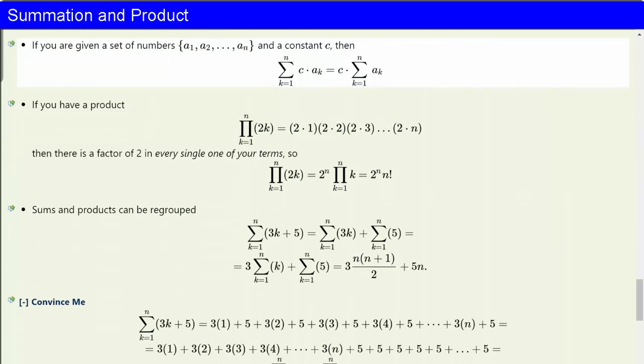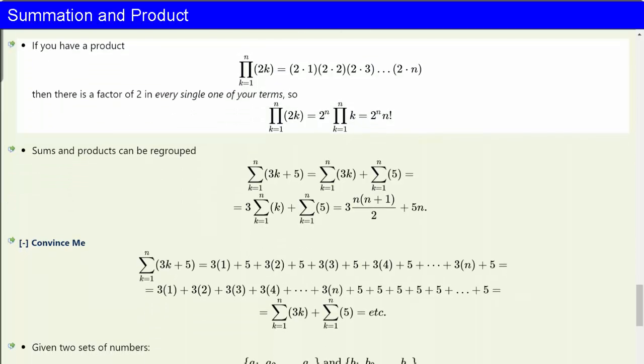In general, if you are given a set of numbers a1, a2 up to an and a constant c, then the sum of the products c times ak, starting with k equal 1 and ending with k equal n, is c times the sum of the numbers ak.